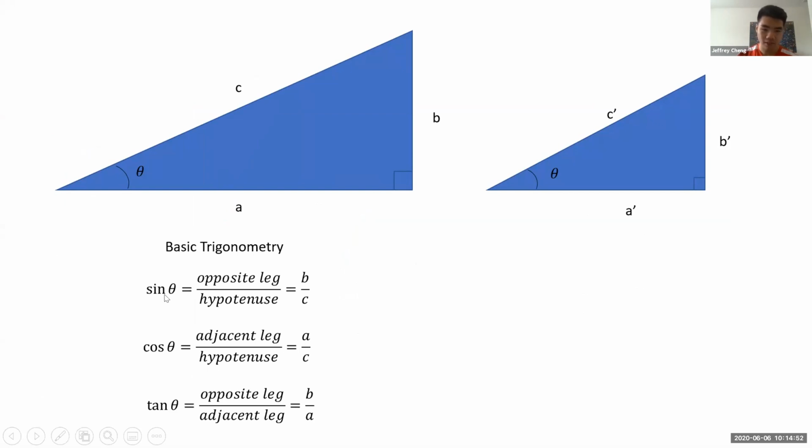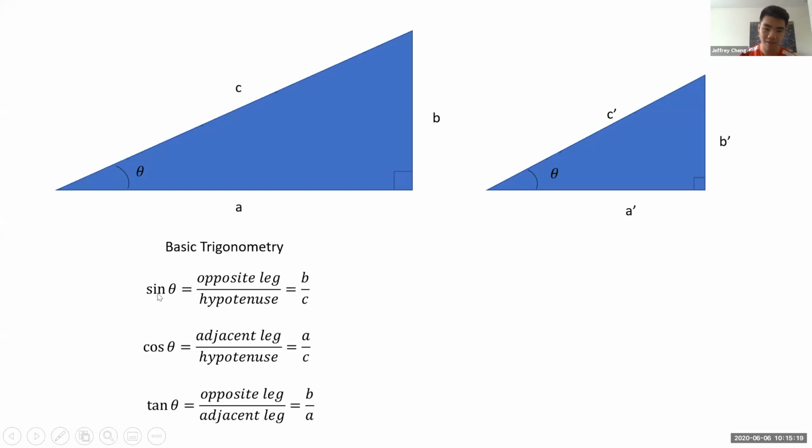If I take the sine of an angle theta, it's just going to be the opposite leg, in this case b, divided by the hypotenuse, which is c. Now I know b is the opposite leg because it is the leg opposite to the angle. In other words, it is the leg that is not touching the angle. So you see that both c and a are touching the angle. So b is going to be the opposite leg, and a is going to be the adjacent leg.